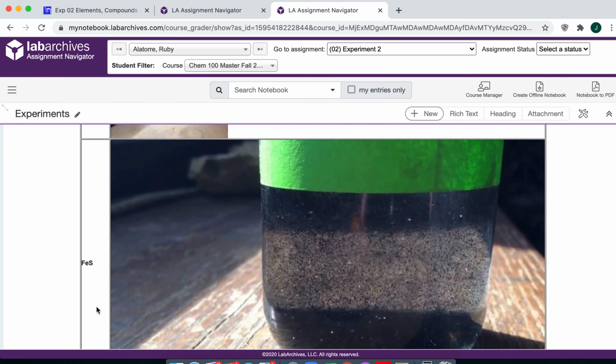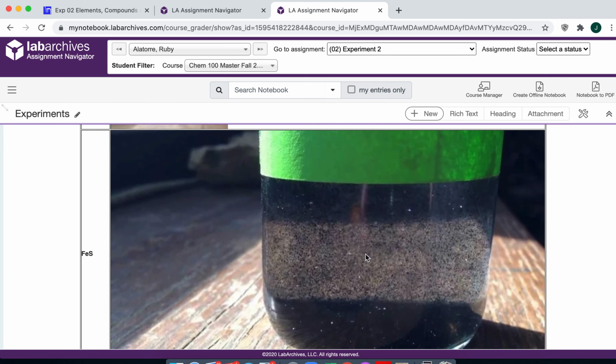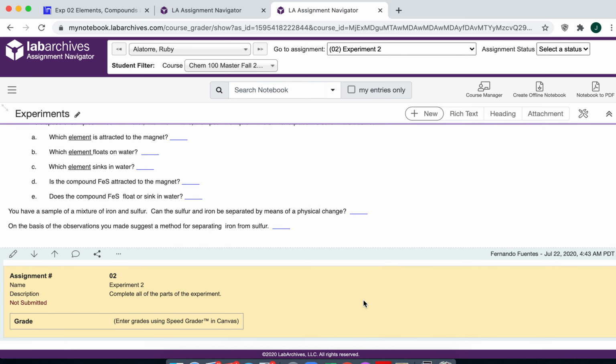And the last one, the FeS compound. When we mix the FeS compound in water, it turns into a colloidal solution. You see small particles floating around in the water. They don't partially float, or completely sink. They float around in water. That's the property of the FeS solution.